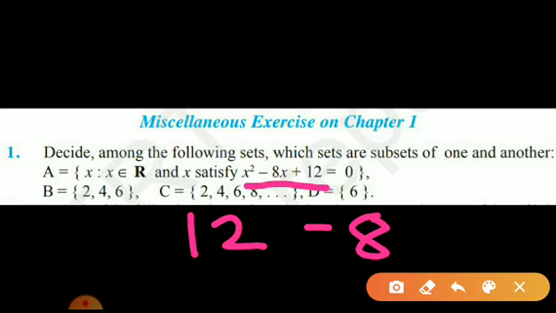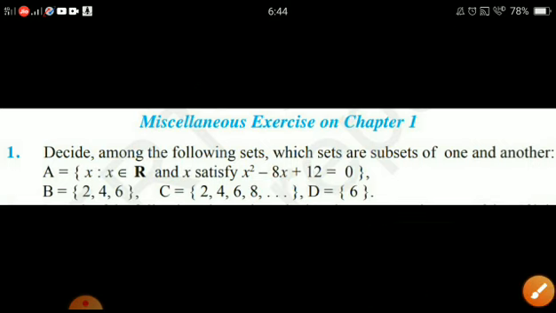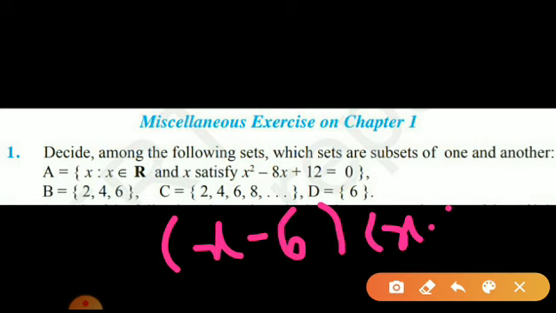So what are the numbers? Will it be minus 6 and minus 2? Because minus 6 into minus 2 is plus 12, and minus 6 minus 2 you will get as minus 8. So the factors I get are x minus 6 and x minus 2 equal to 0.